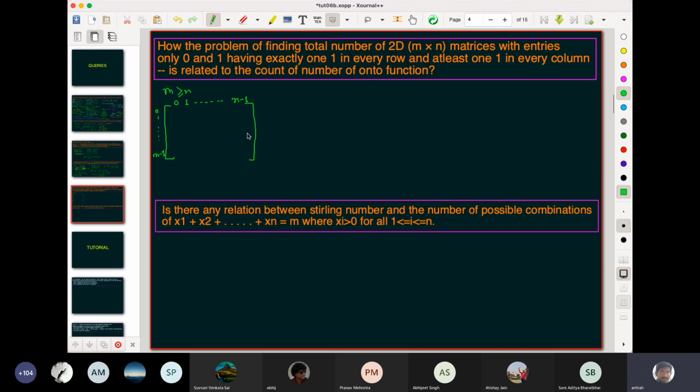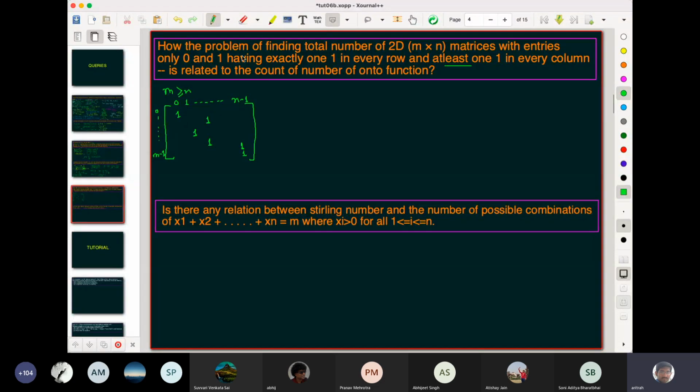The entries could be 0 and 1 with exactly one 1 in every row. So I can place a 1 here, 1 here, 1 here, like that, one in every row, but at least one in every column. So in every column I can place a 1 somewhere.